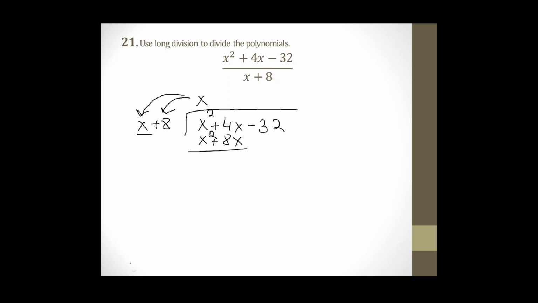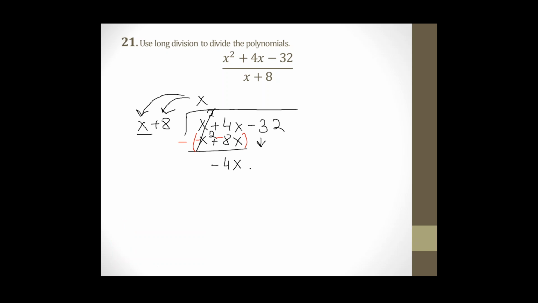I am going to subtract, which changes the signs. This becomes minus, this becomes minus. And then x squared minus x squared just cancels out, and positive 4x minus 8x is negative 4x.